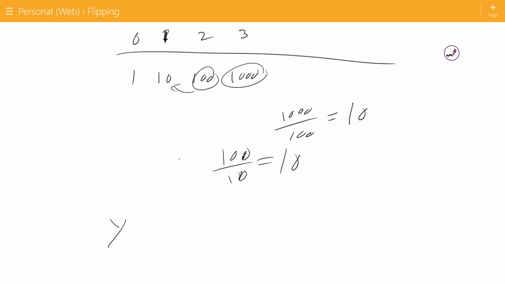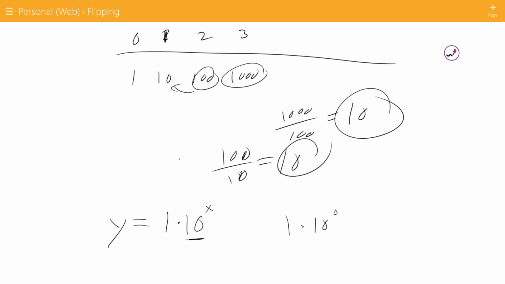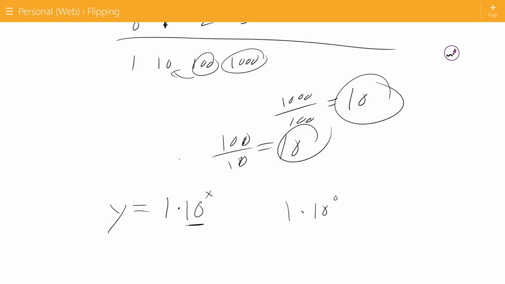So I could have y equals, my starting value when I plug in 0 is 1. 1 times 10, this is what I'm multiplying by. I keep multiplying by 10, so that will be my base, to the x. In this case, this works very nicely because 10 to the 0 is just 1, so this is really 1 times 1 equals 1.